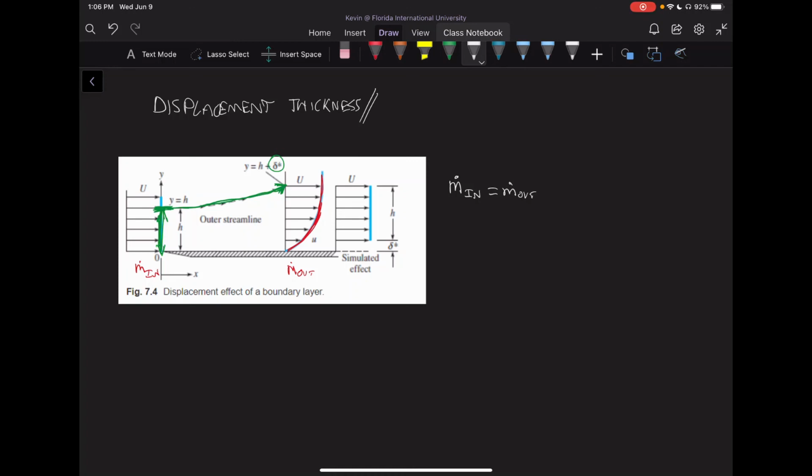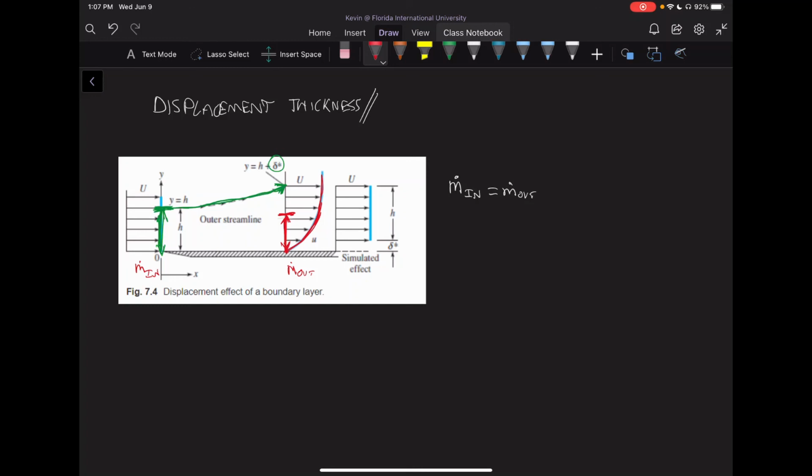And what we notice is that the velocity in is high from 0 to h. So it's a high velocity from 0 all the way to h. Now, in our outflow, we actually have lower velocity in the part below here. We have lower velocity, and then eventually our velocity gets high again.